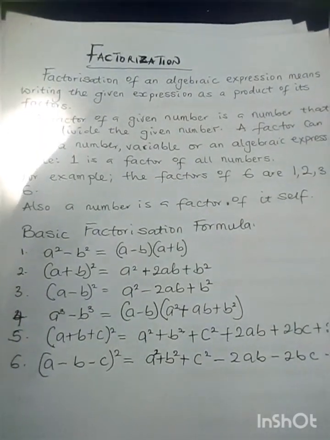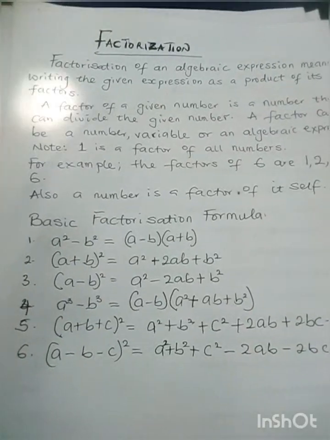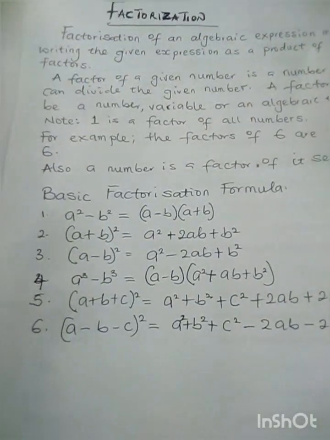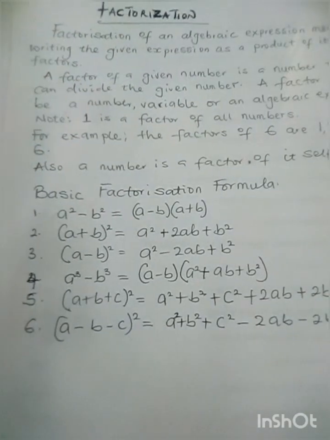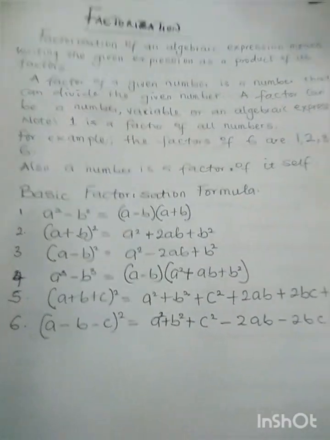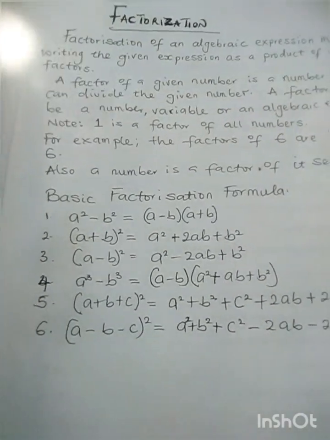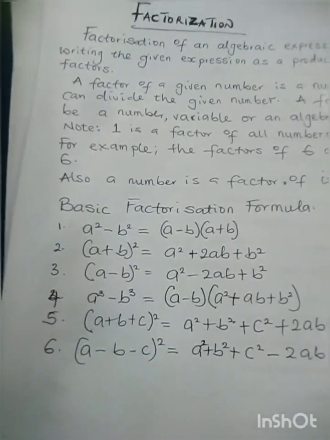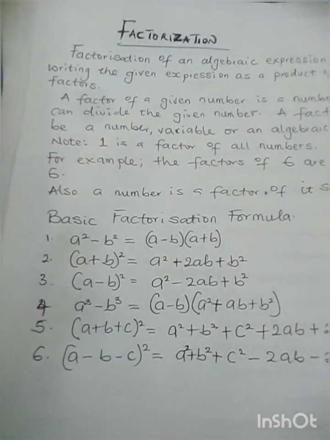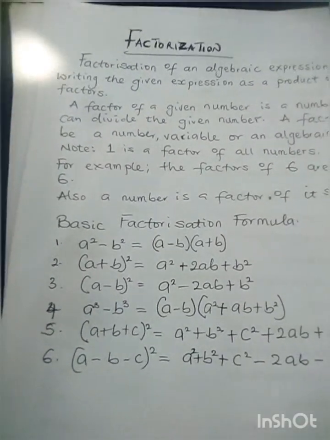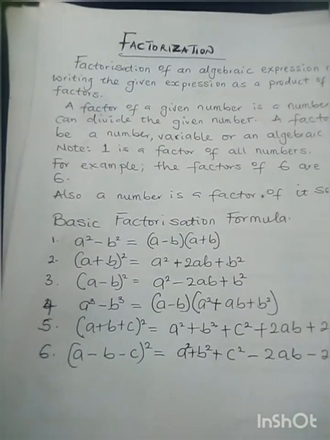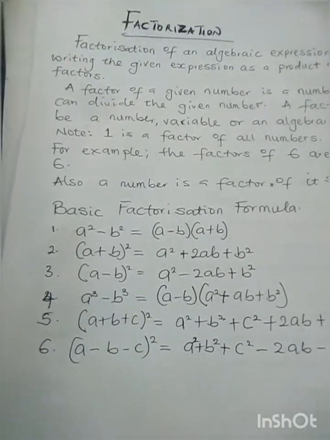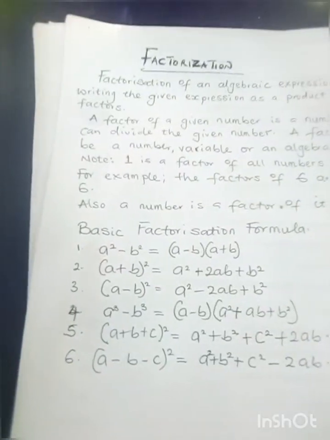Now, let's see some basic factorization formulas. These are the basics. Every factorization follows these rules. 1: a squared minus b squared. When you factorize that, it will give you (a minus b) into (a plus b). Then we have (a plus b) all squared.